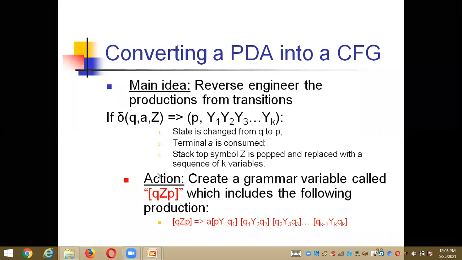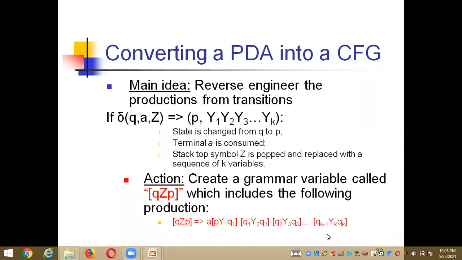So with this terminal, we write the production like this: [qZp] gives a[p y1 q1][q1 y2 q2][q2 y3 q3] and so on, up to [qk-1 yk qk]. Because we have y1 to yk, we choose all these one by one.